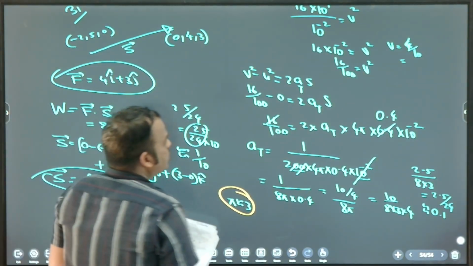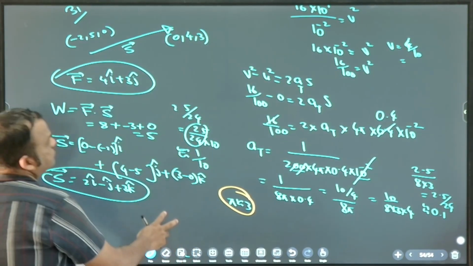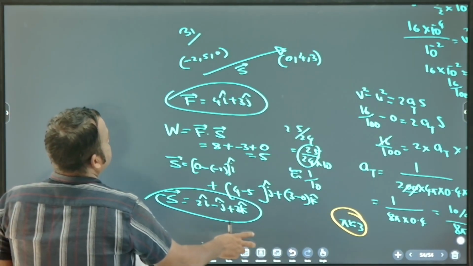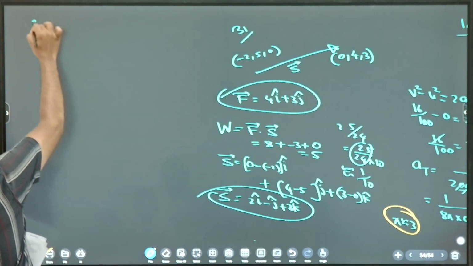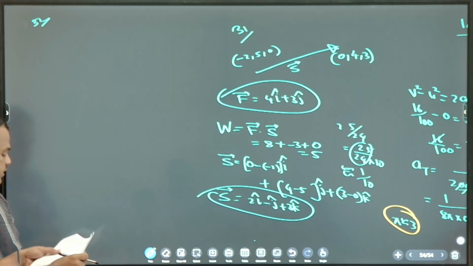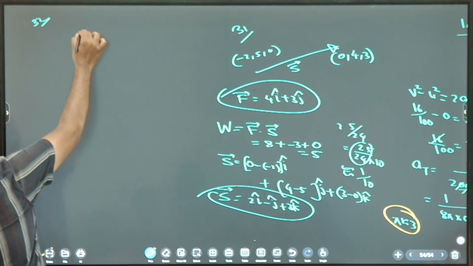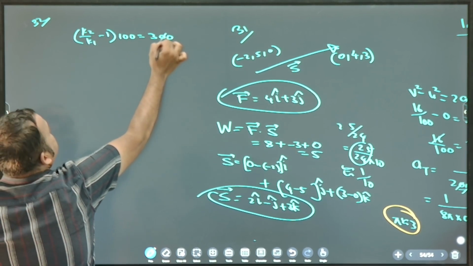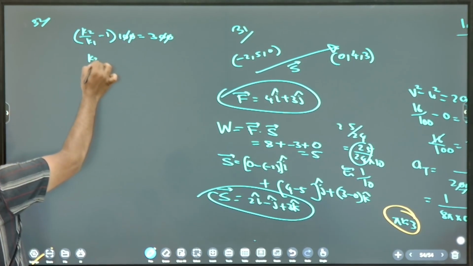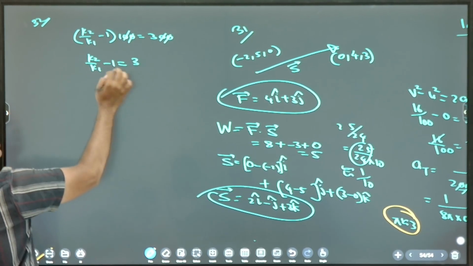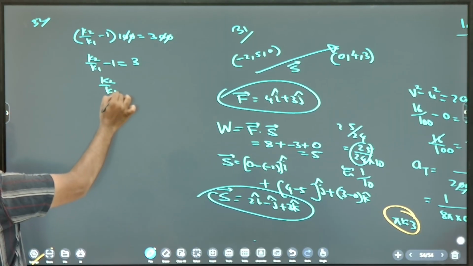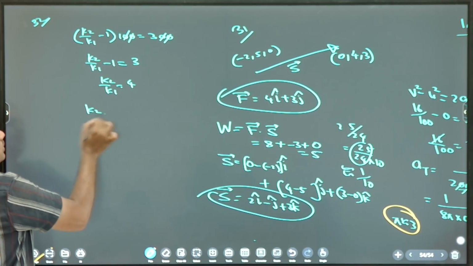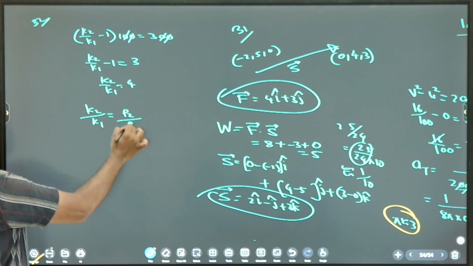32. Kinetic energy increased by 300%. So that means K2 by K1 minus 1 into 100 is 300. Zeros cancel, so K2 by K1 minus 1 is 3. So K2 by K1 is 4. Now K2 by K1 can be written as P2 by P1 whole square.